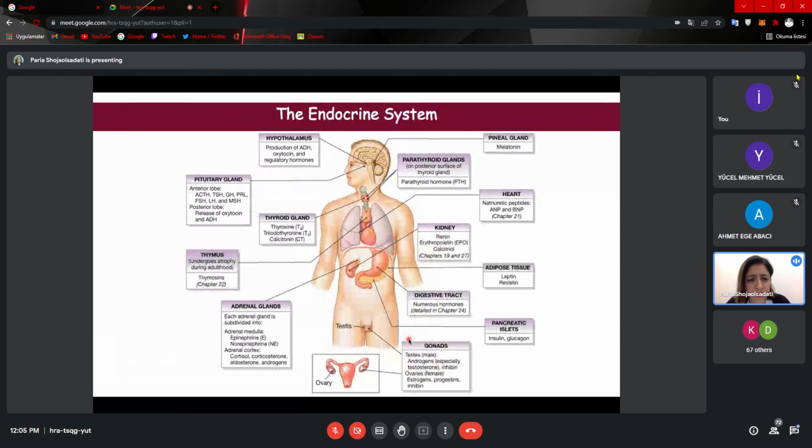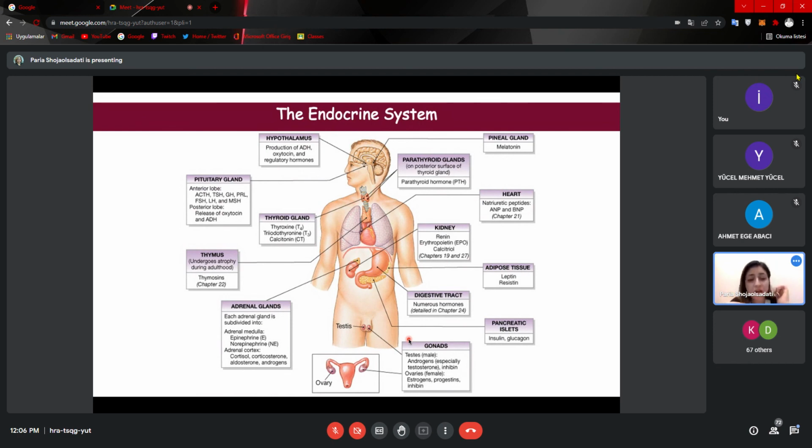But I'd like to explain the features of this gland and its place. The adrenal gland is located on the superior pole of the kidney on both sides. We can subdivide it into the adrenal medulla, the inside material, and the adrenal cortex.